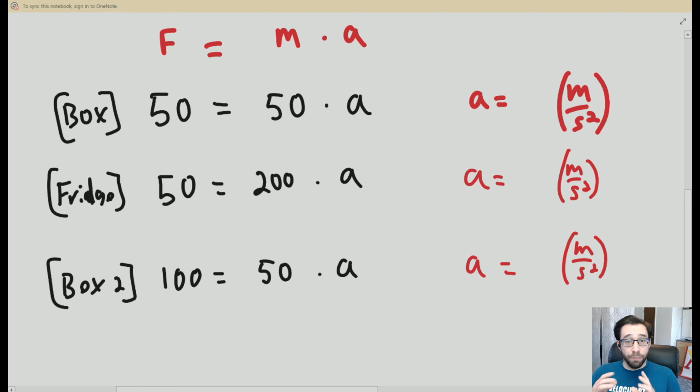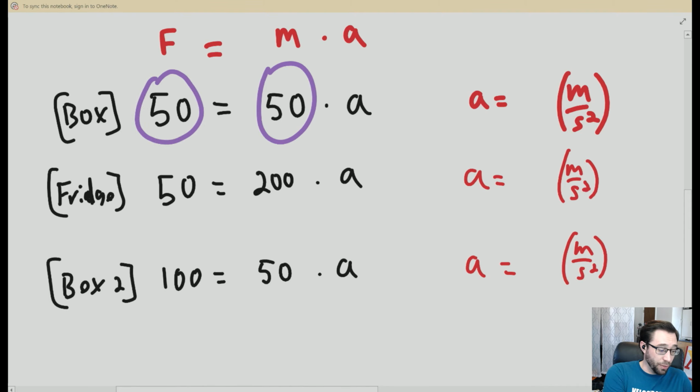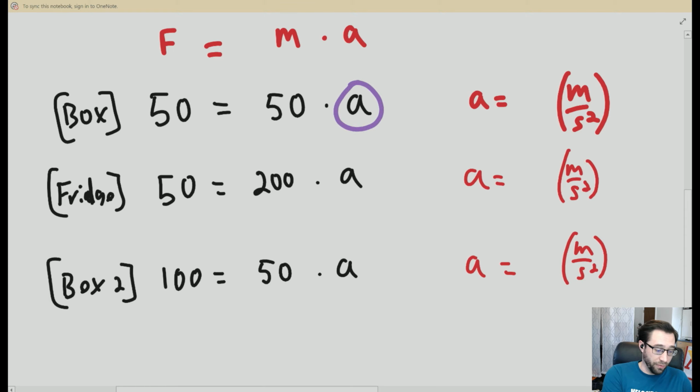So with the box, we have 50 kilograms, so it's going to be right here because that's the mass. We applied 50 newtons of force. So what would the value of the acceleration have to be? If I was going to solve for A, what would that value have to be?